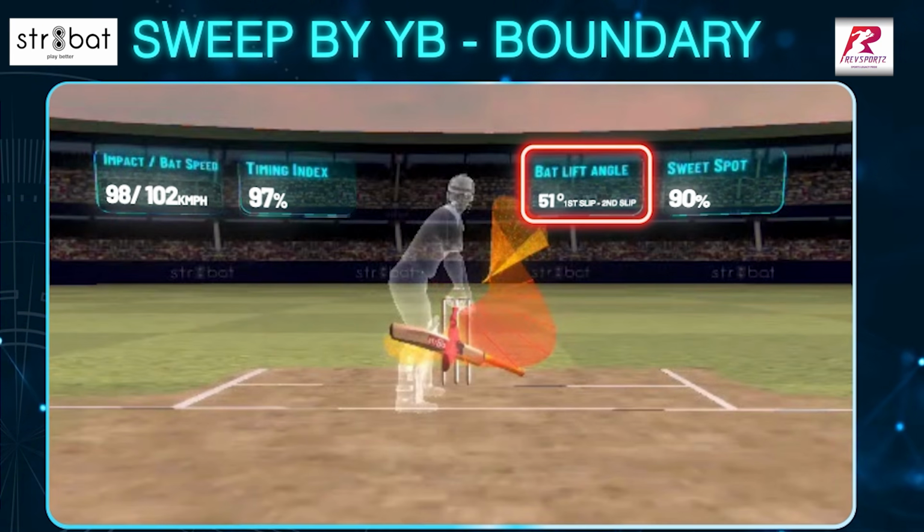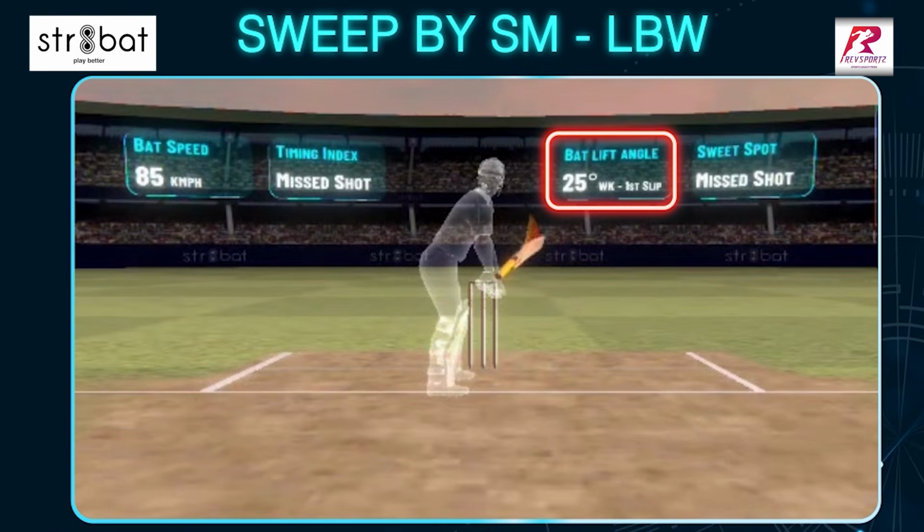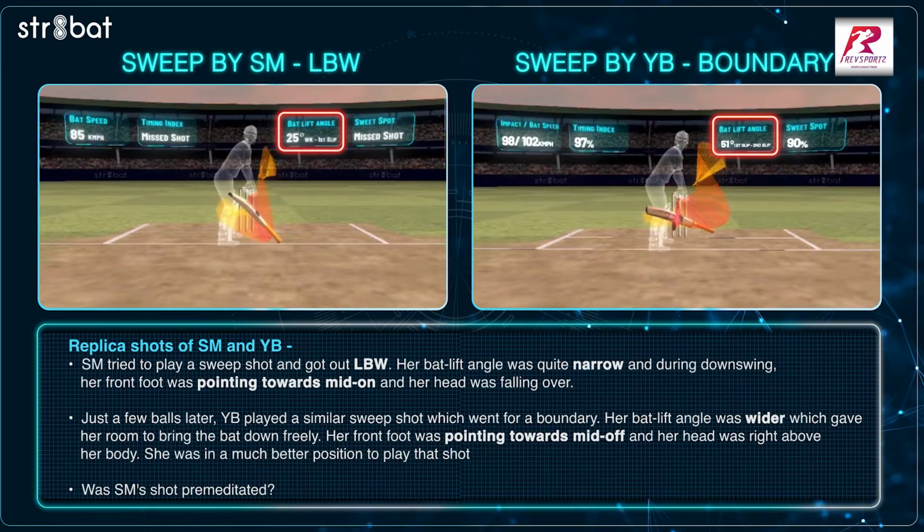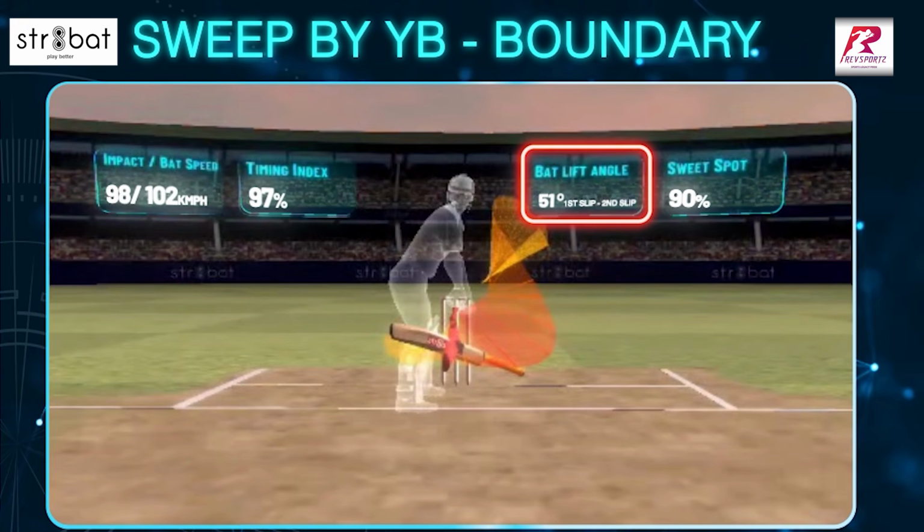Now, in case of Smriti Mandhana, you can clearly see her bat lift angle was quite narrow, and during downswing, her front foot was pointing towards mid-on and her head was falling over. That's where she lost balance and she could not play the sweep shot, was plumb LBW.